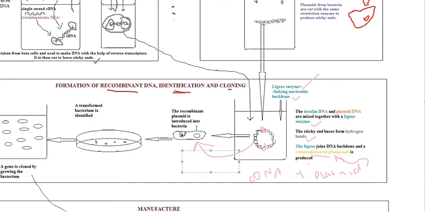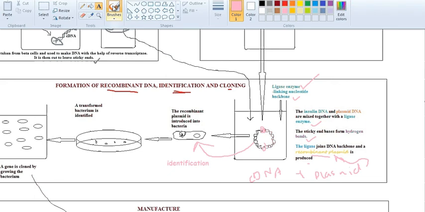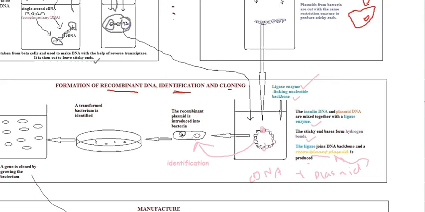So there is this process of identification. Actually this identification takes place after this has already joined here. This gets introduced into the bacteria, and then when it's in the bacteria, that's when you need to identify. Now how will you identify?